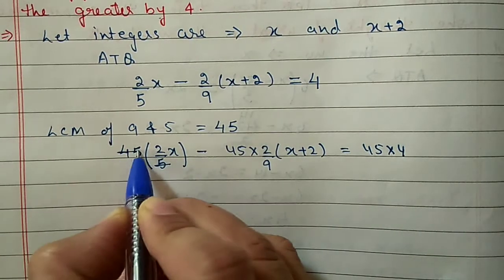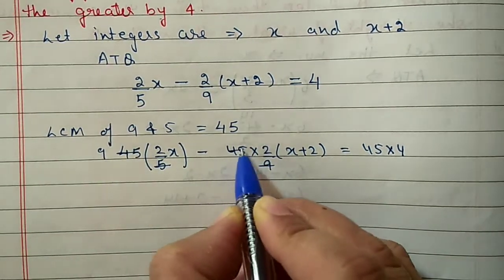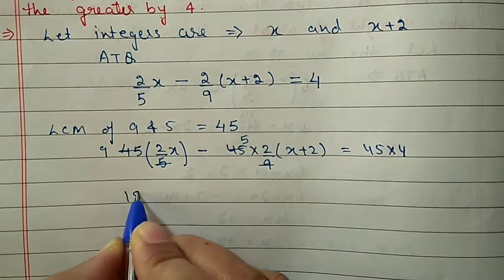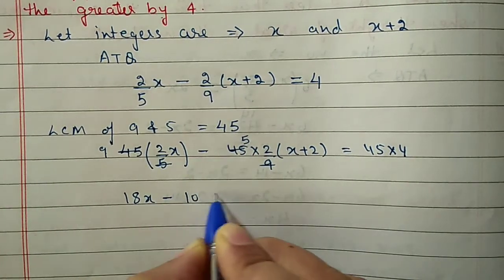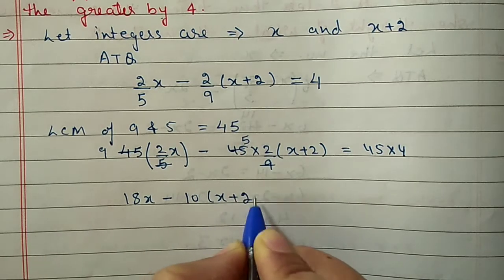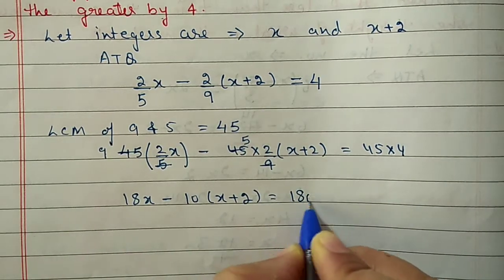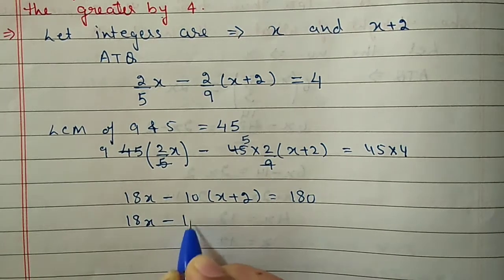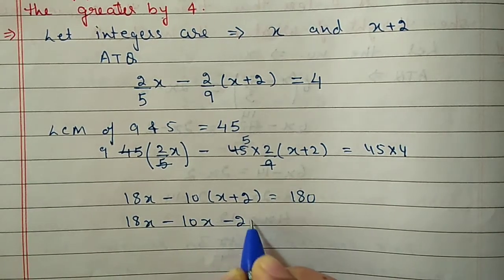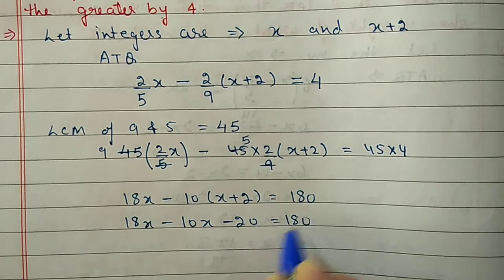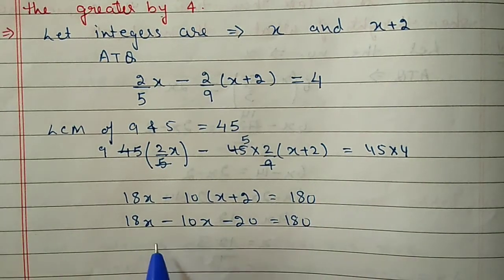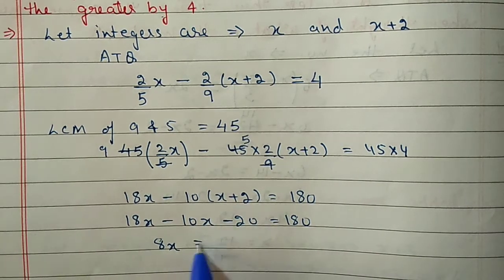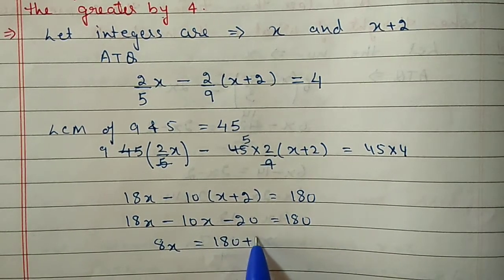Now cancel out: 5 9s are 45, 9 5s are 45, and here we have to multiply. So 9 twos are 18x minus 10 (x plus 2) equal to 180. Remove this bracket also: 18x minus 10x minus 20 equal to 180.